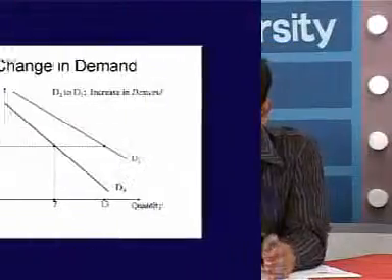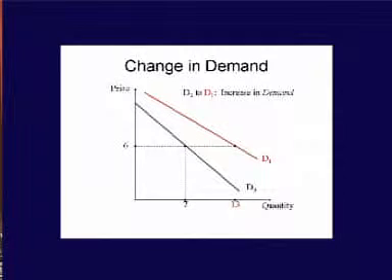In terms of the graph, this increase in income is shown by a shift in the demand curve, a new demand curve, which is D1. So our demand curve, which was initially D0, has moved from D0 to D1, and this new demand curve shows that consumers' income has increased.